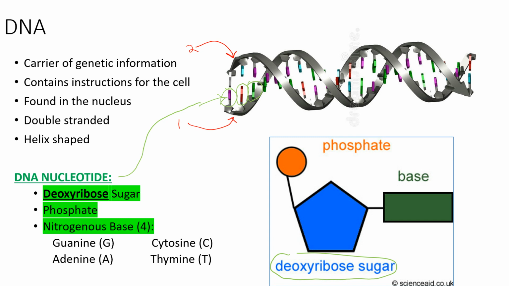And there are four types of nitrogenous bases: guanine, adenine, cytosine, and thymine. Guanine is represented by a capital letter G, adenine by a capital letter A, cytosine by a capital letter C, and thymine by a capital letter T. So those are the bases that are found in a DNA nucleotide.